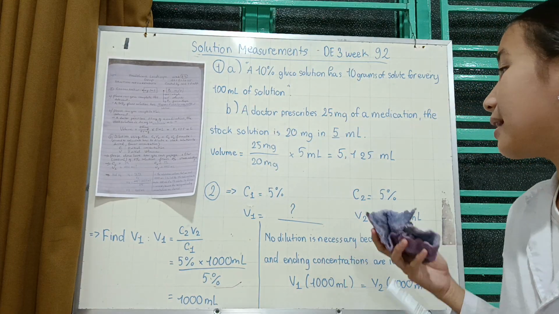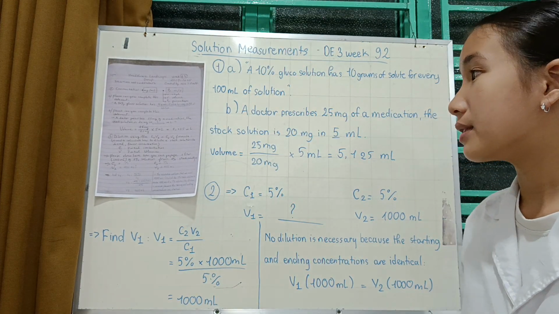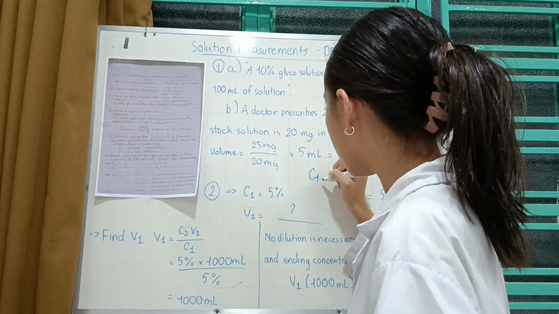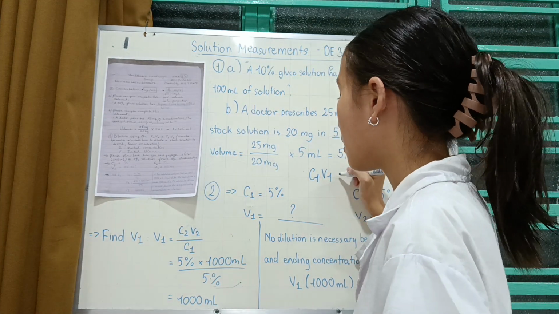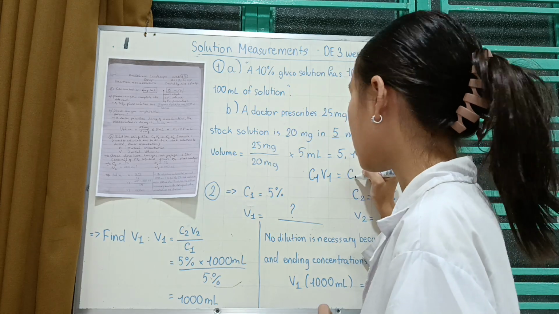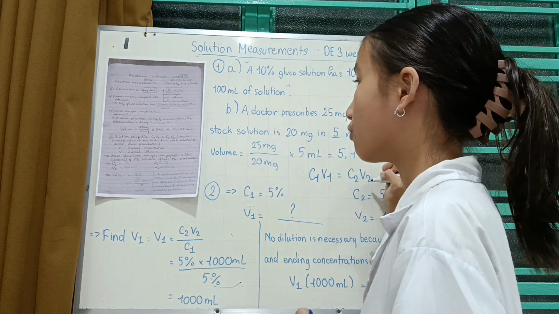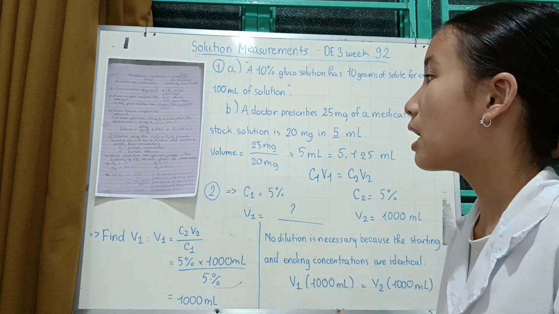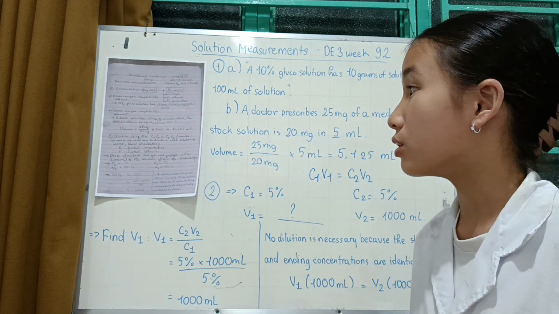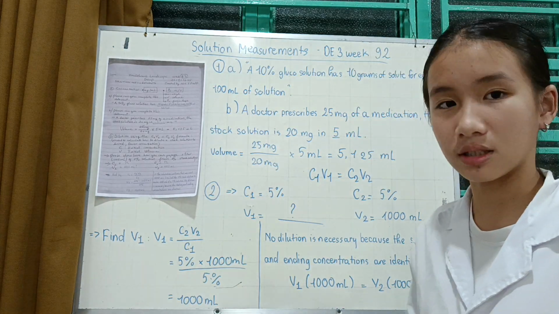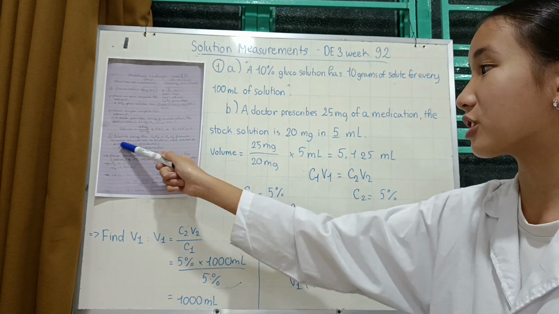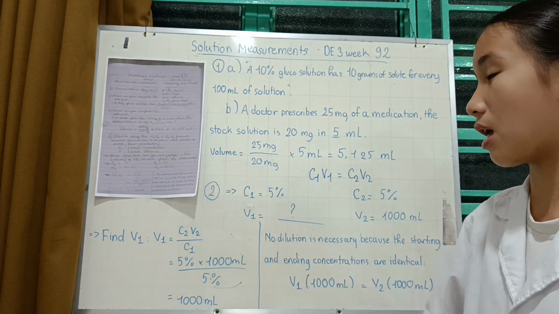So that is an explanation for the stock solution. Next, my next problem is dilution. The C1 times V1 equals C2 times V2 formula is used to calculate how to dilute a stock solution to a desired lower concentration. That is the function of this formula.